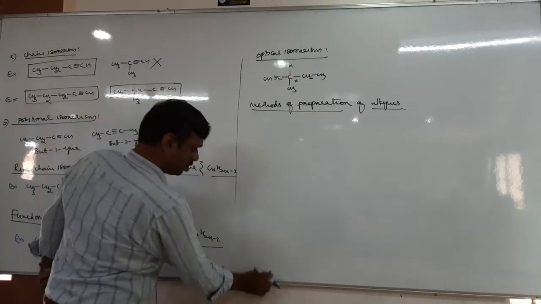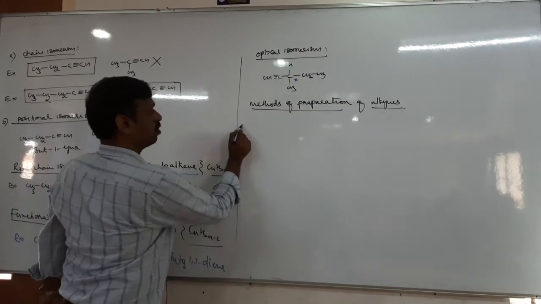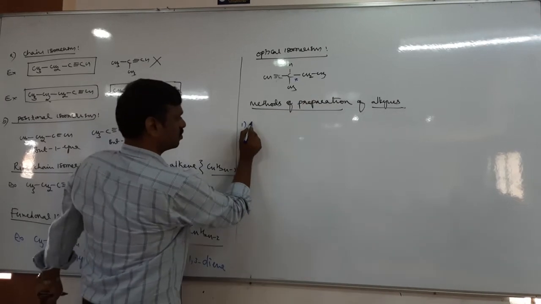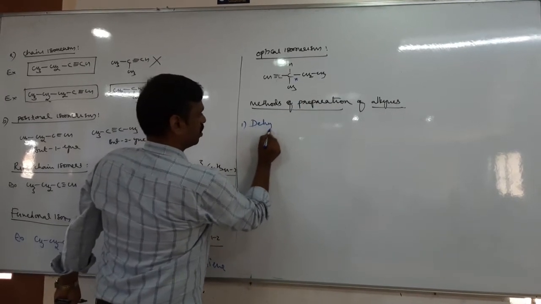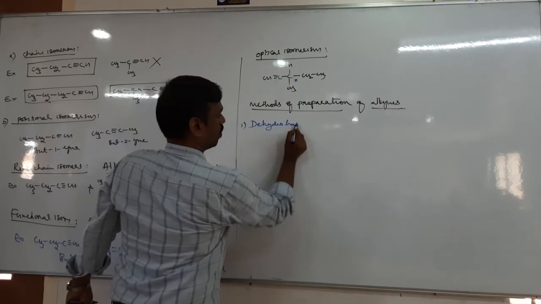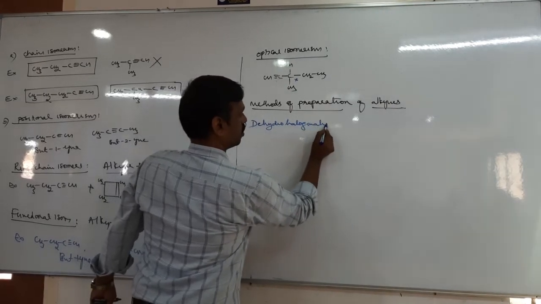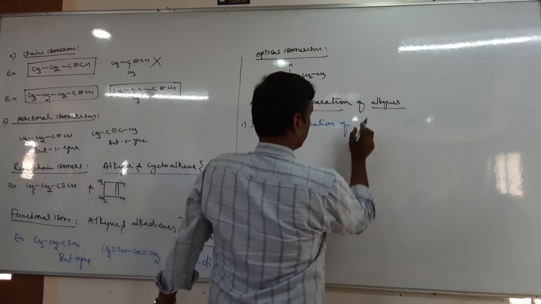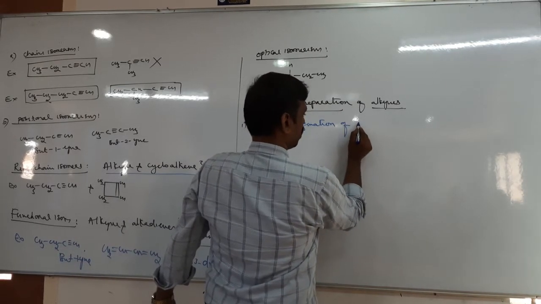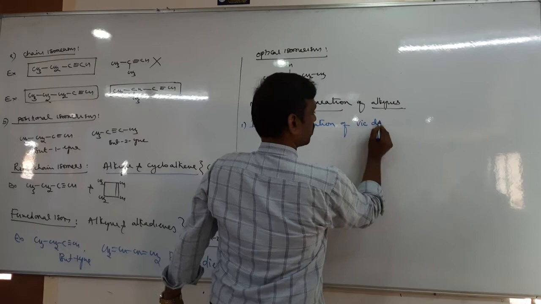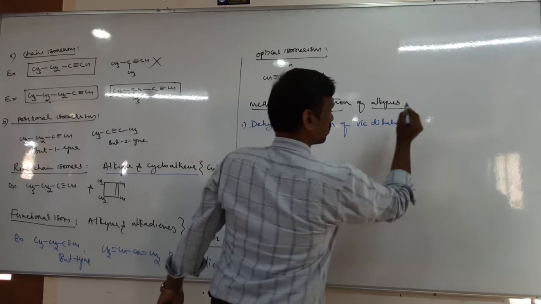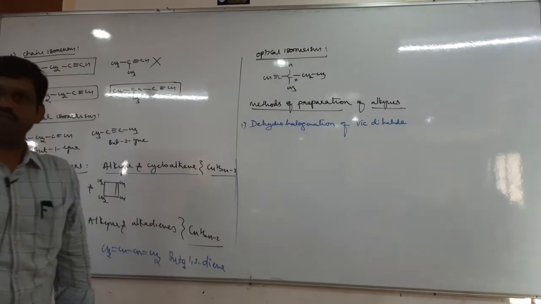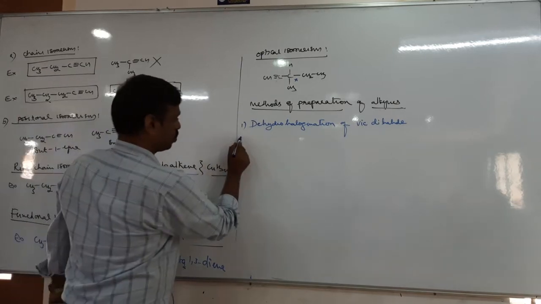I'll write the list of methods. First one, this we have studied: dehydrohalogenation of vicinal dihalide. 2.